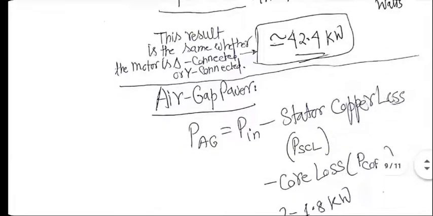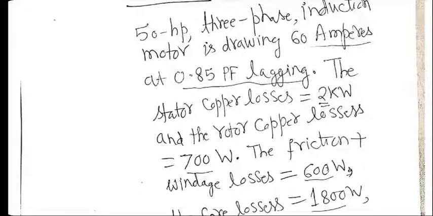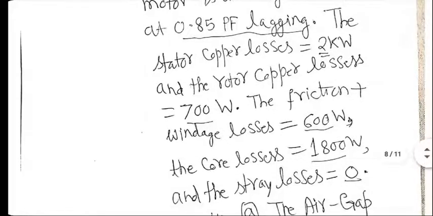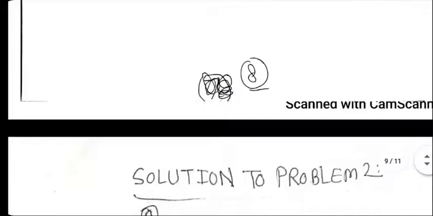So stator copper loss and stator core loss are subtracted. 42.4 kilowatt minus stator copper loss. Stator copper loss is 2 kilowatt. And stator iron loss is not given, I think. Oh, yeah. Core losses are given: 1800 watt. So we have to include that also.